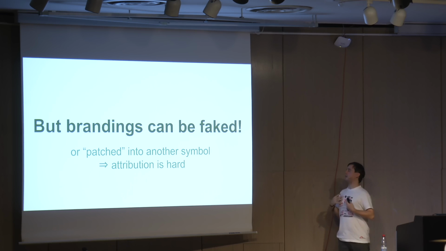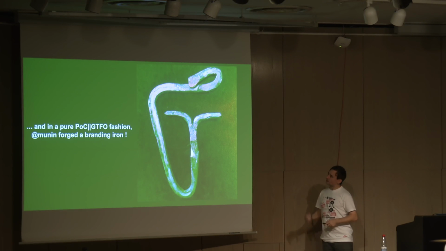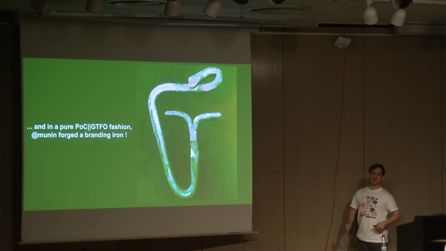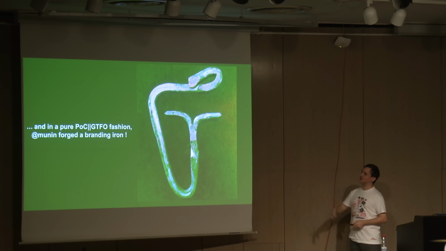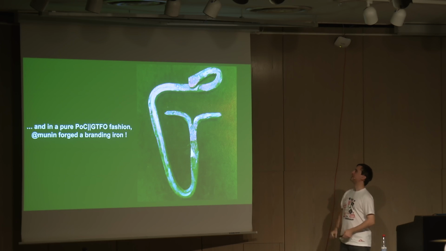And the big important thing for us, I don't really care about cows, but still we did a proof of concept of a real branding iron, but we didn't have a cow to check metadata modification live. But just for the POC GTFO sake, I asked Moonin to actually forge a branding iron just for the sake of the presentation.